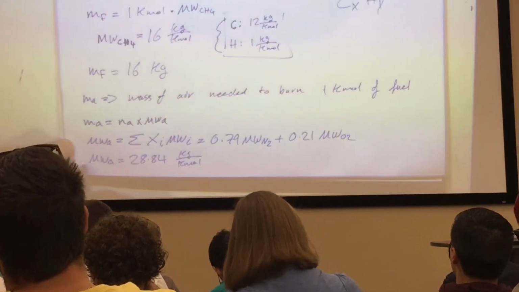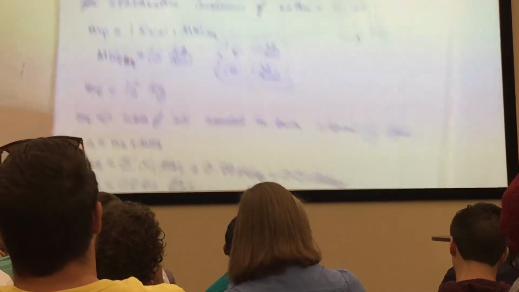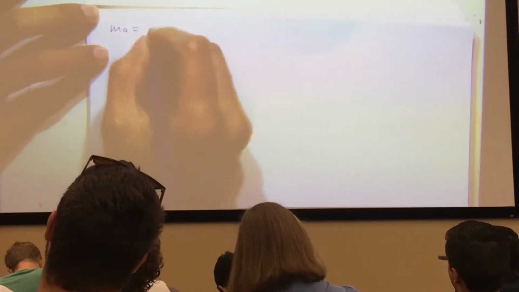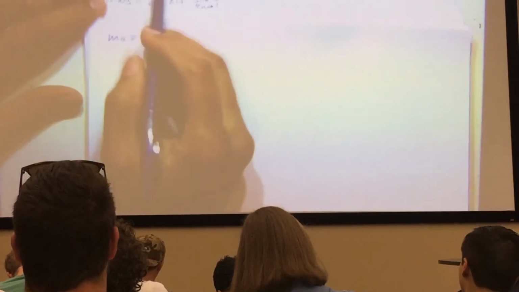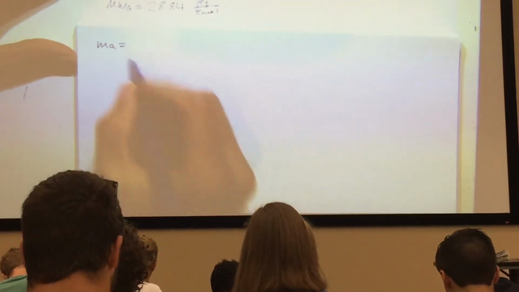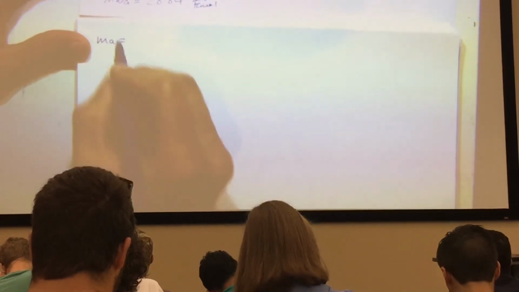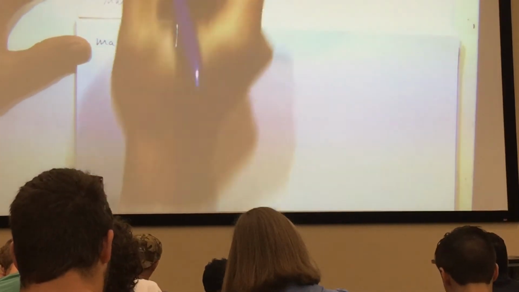Okay, so now that I got this, can I get the mass of air? Mass of air is equal to the number of moles of my air. So what do I have? I have Na. What is Na equal to? Very good, 9.52, which is this.